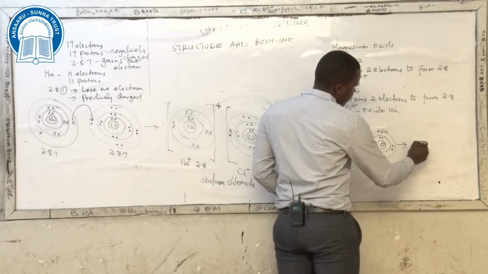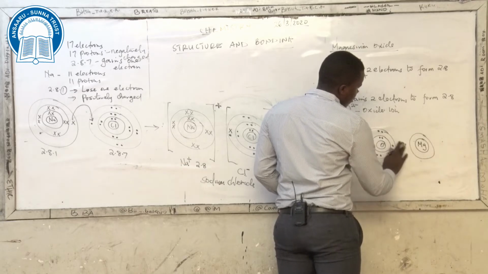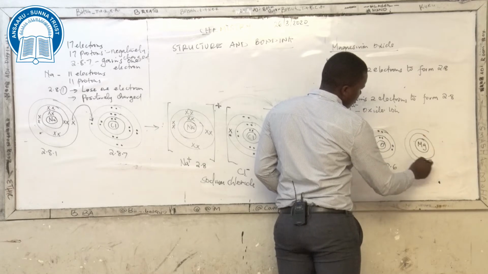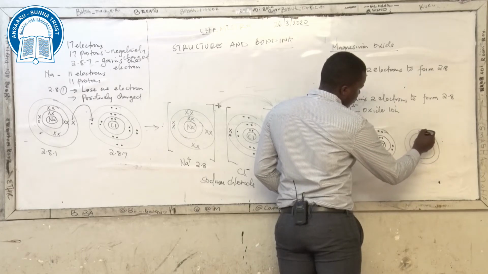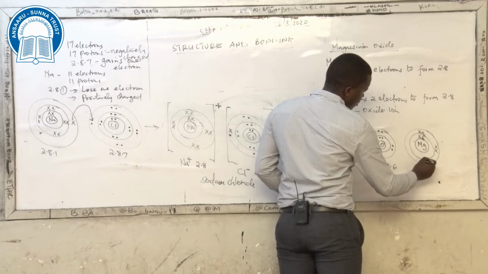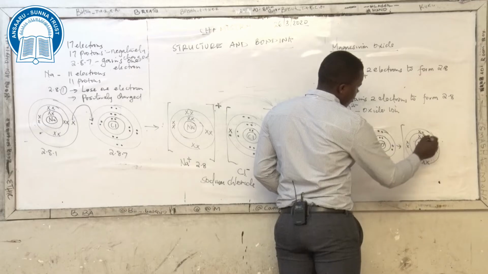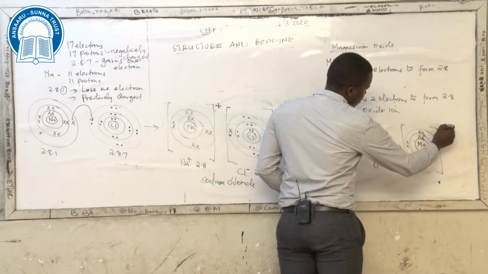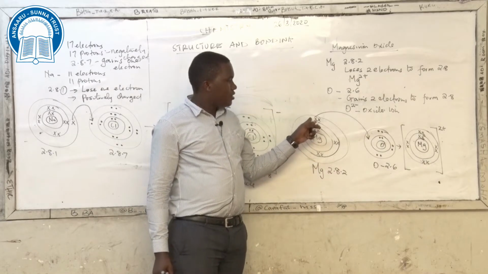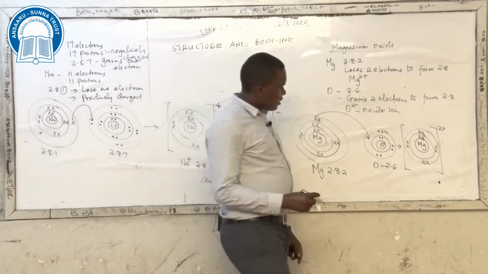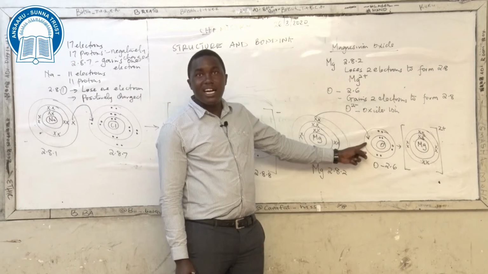So you'll have Mg2+, because it has lost the 2 electrons, so it becomes +2 charged. Then the 2 electrons will be gained by the oxygen atom to form the oxide ion.